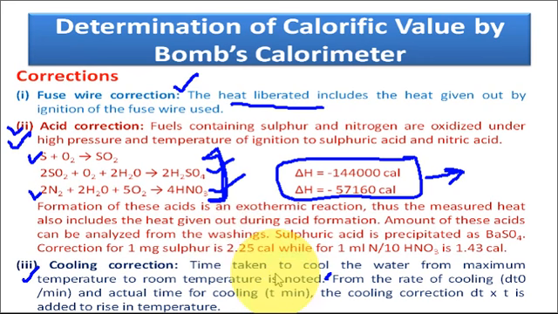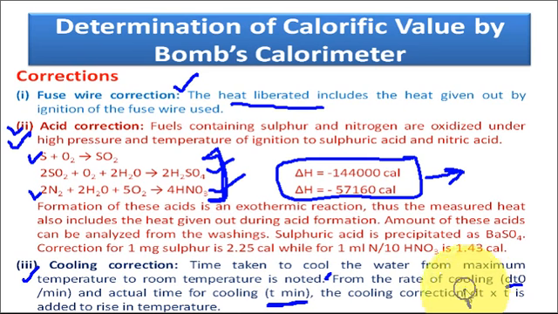For this purpose, the time taken to cool the water from maximum temperature to the room temperature is noted. Suppose this is T minutes, right? And the rate of cooling is dt per minute. Suppose dt temperature falls per minute and total time for cooling is T minutes.